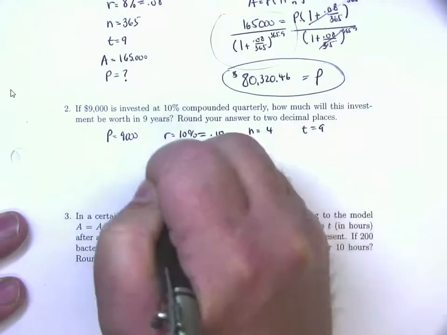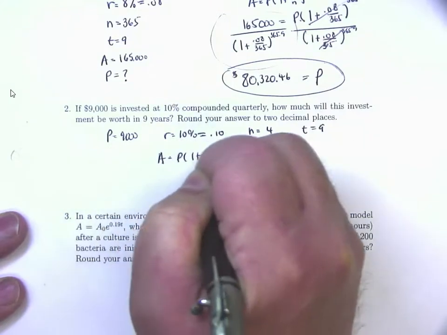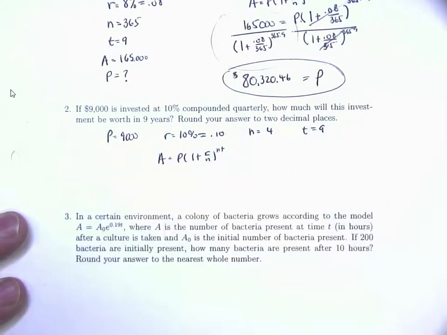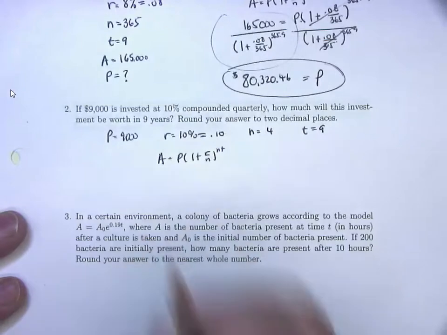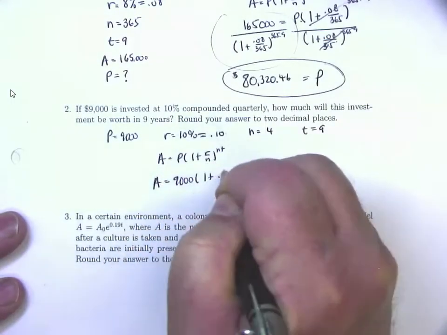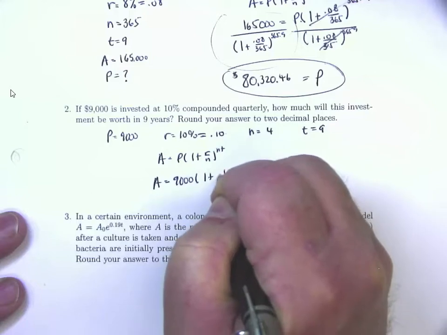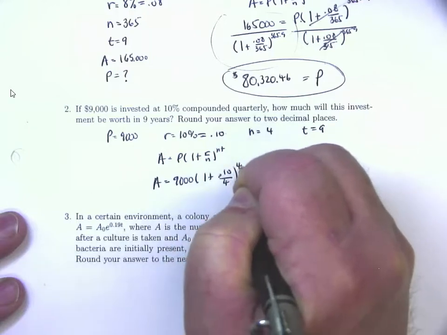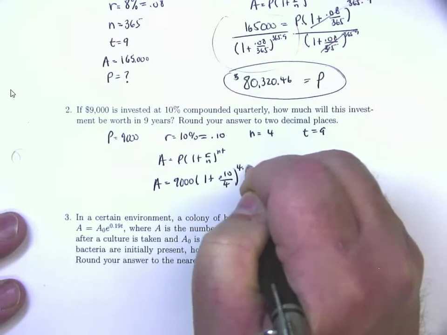So again, A equals P times (1 plus R over N) raised to the NT. A formula we expect you guys to memorize and know. A is equal to 9,000 times (1 plus 0.10 divided by 4) raised to the 4 times 9.